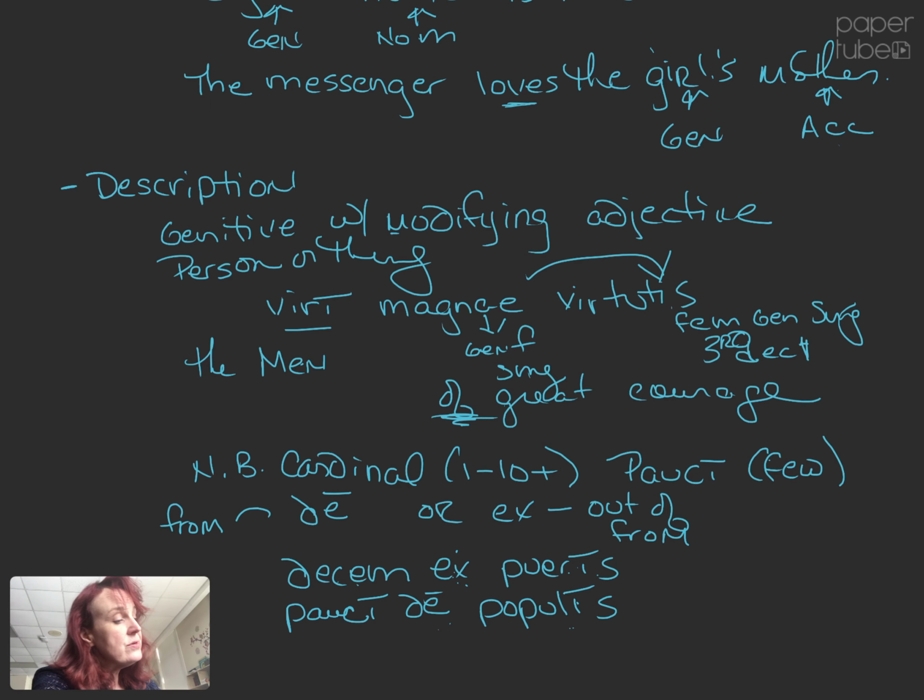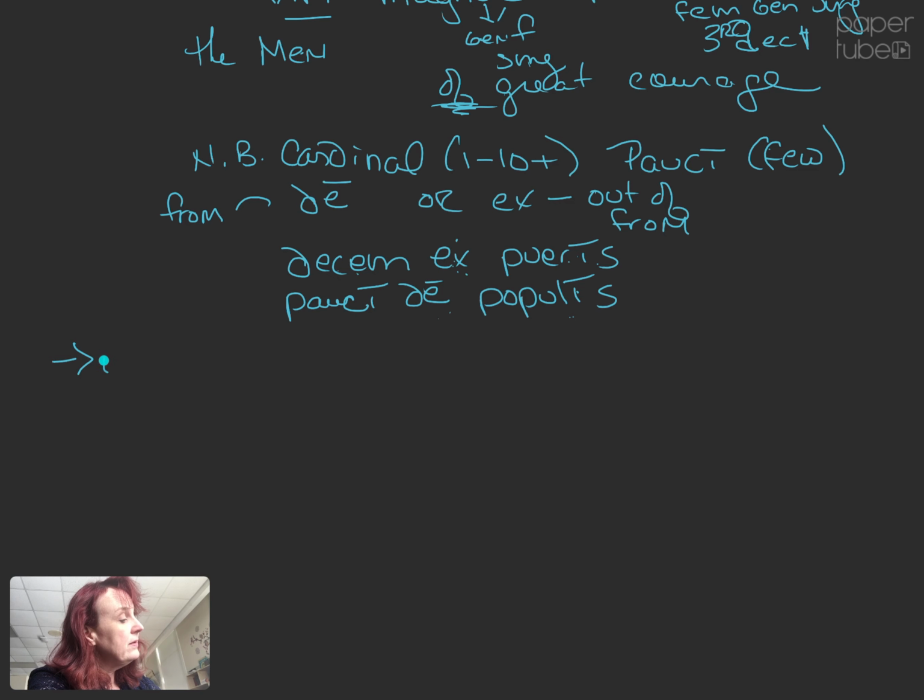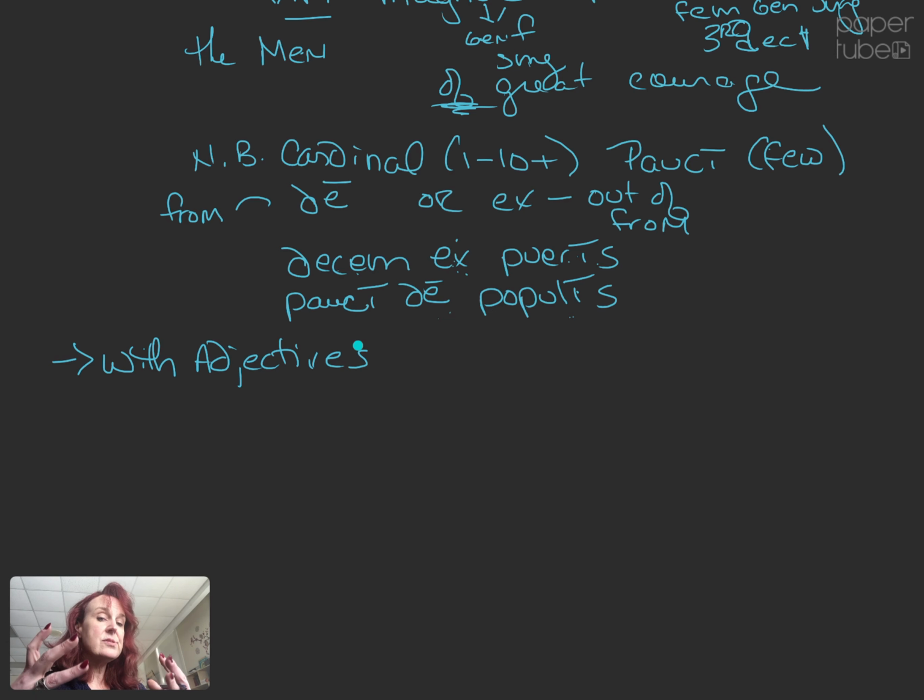We can also use genitive with certain adjectives. What does that look like? These adjectives all have similar meanings or a group of meanings. So what are those meanings? Desire, knowledge.